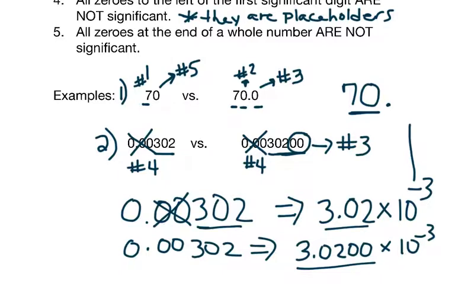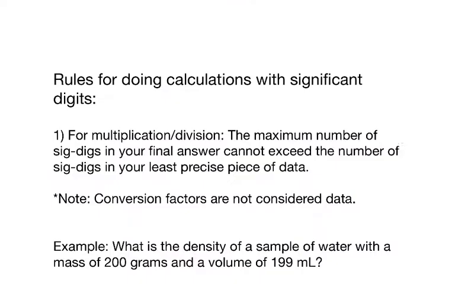And finally, let's pretend this wasn't to the right of the decimal. If we just had the number 302, for example, you would not put zeros in front of that. And if you saw zeros in front of there, you would know, okay, I don't really need those.